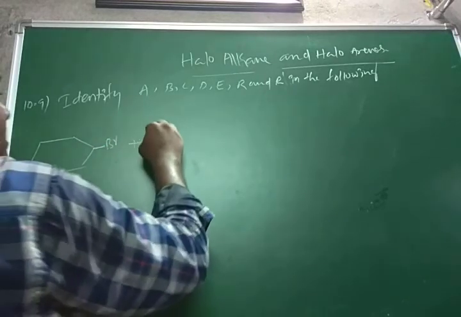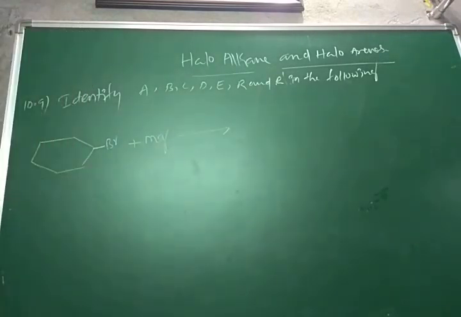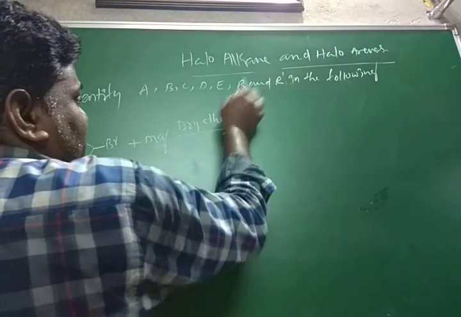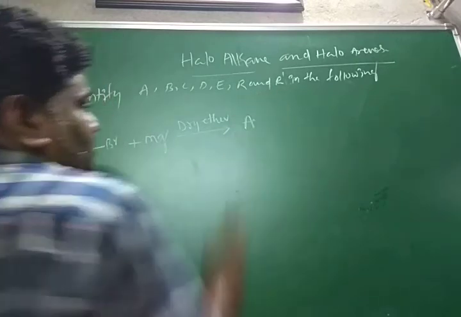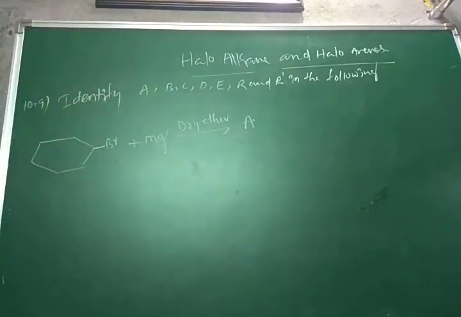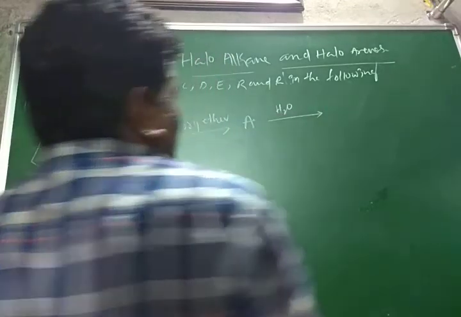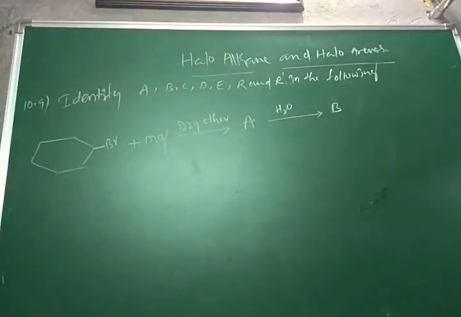This will react with magnesium in the presence of dry ether. And what is the product formed at the place of A, and it will hydrolyze with water and form compound B. And next, second question.